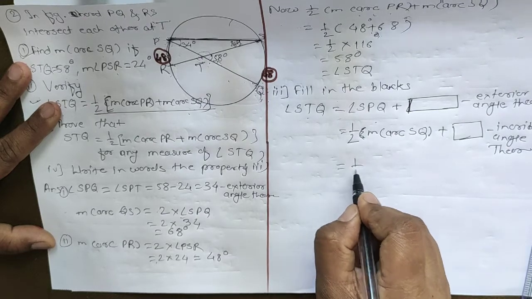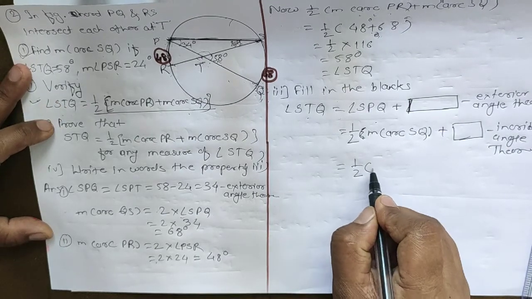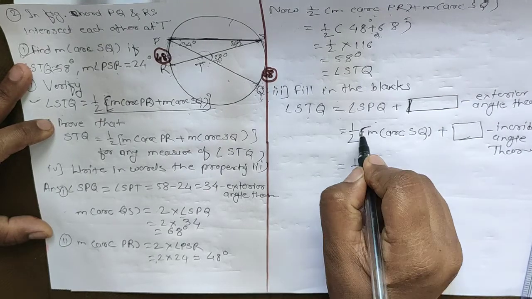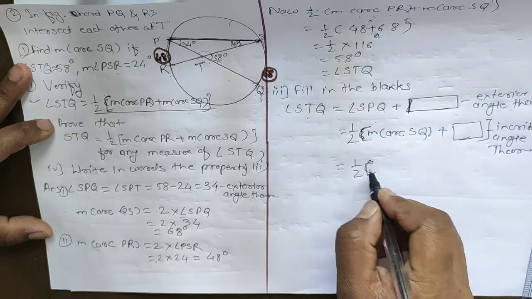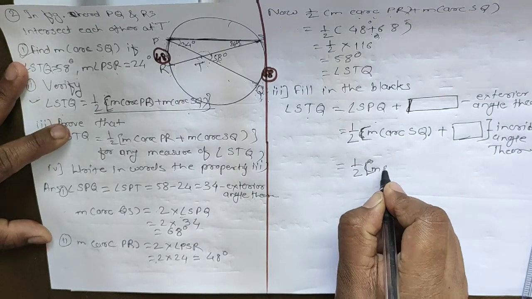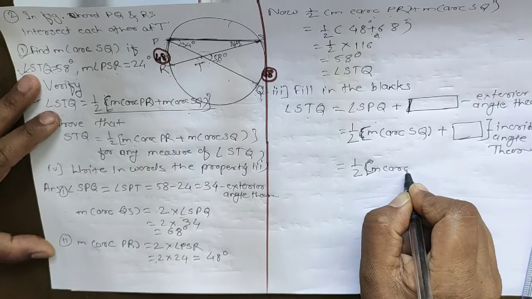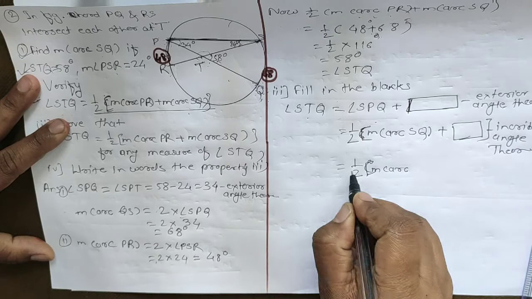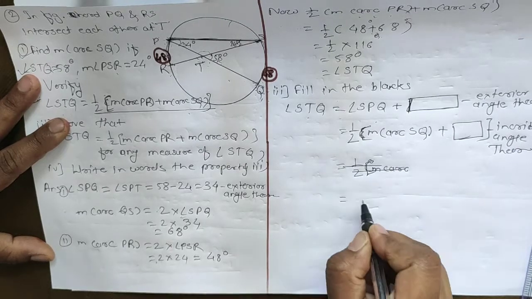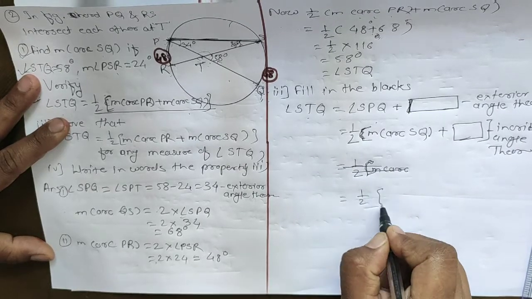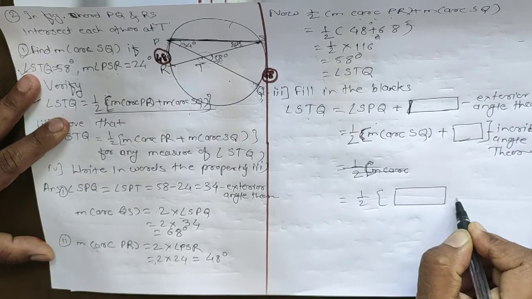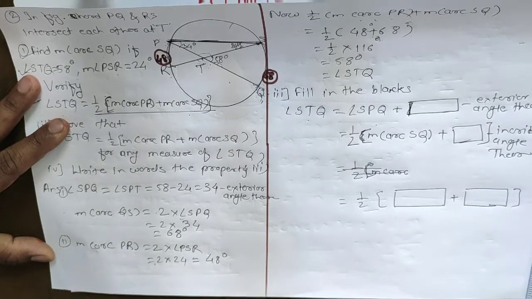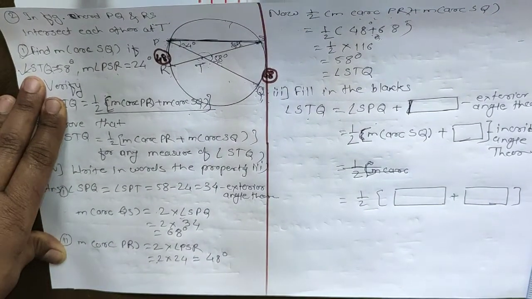And lastly, given is 1/2 into the bracket of the measure of arc, this step we will cancel. So it is equal to 1/2, and inside the bracket two boxes are shown here. This is the first box and this is the second box. So we have to fill these boxes.